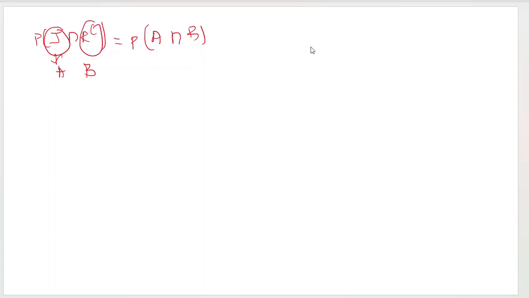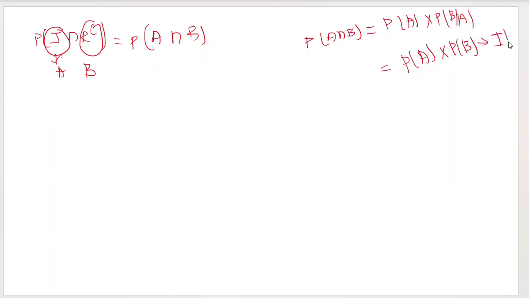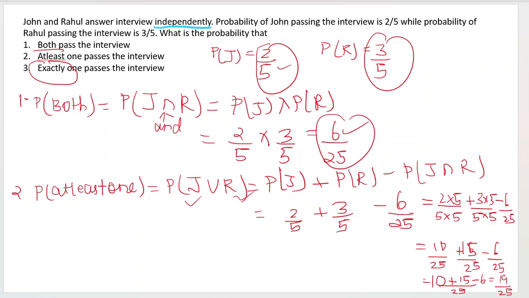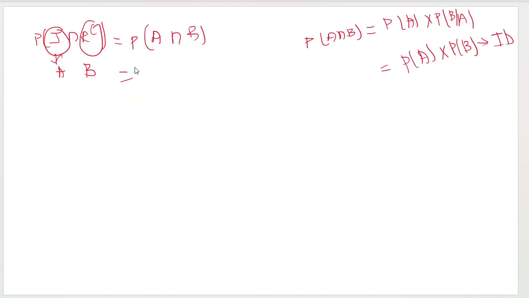P of A intersection B, as discussed earlier, has two formulas: either P of A into P of B given A, or we use P of A into P of B, which we use in case of independent events. Since our question contains the word independent, we use the formula P of A into P of B.